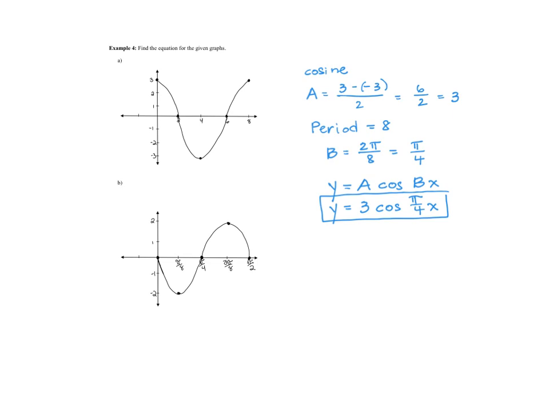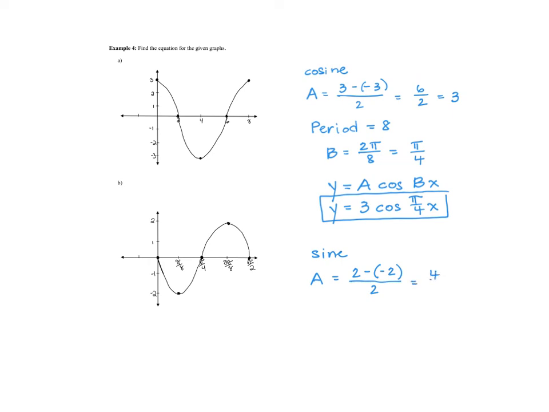Likewise, if I look at example B, I see that that looks like a sine curve because it starts at 0 or at the midline. So I can see that that's a sine curve. If I want to find the amplitude, I'm going to take the high value, which is 2, subtract the low value, which is -2, and divide by 2.